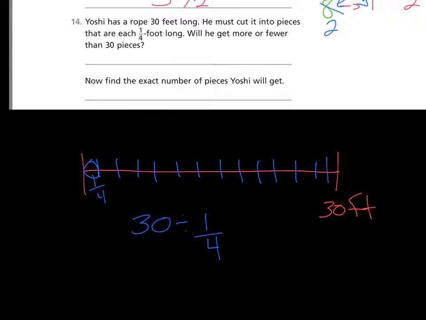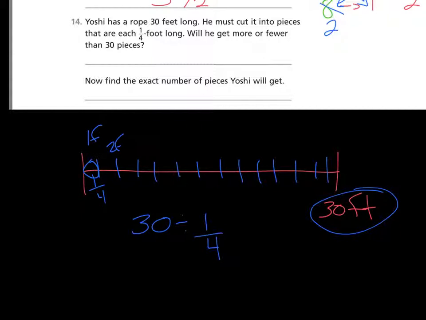Now, if we think about this for a second, if I have a 30-foot piece of rope, if I were to break this 30-foot piece of rope into 1 foot for each piece, then how many lines would I need to draw? My first line would be 1 foot. The second one would be 2 feet, 3, 4, 5, so on and so on until I get to 30. If I broke it into 1 foot pieces, how many 1 foot pieces would it take to get 30 feet?